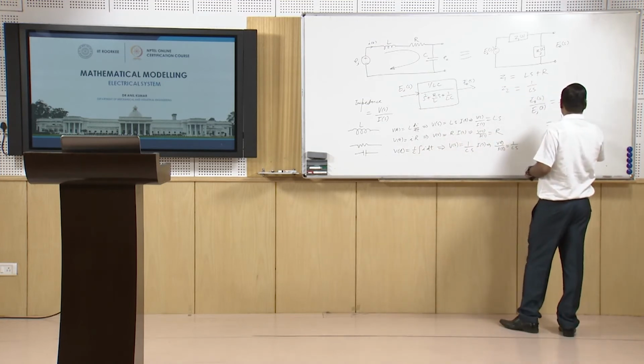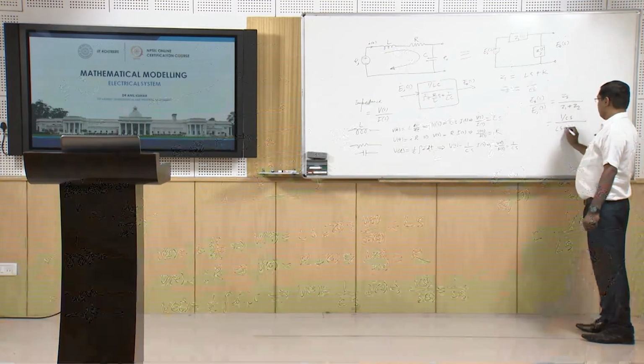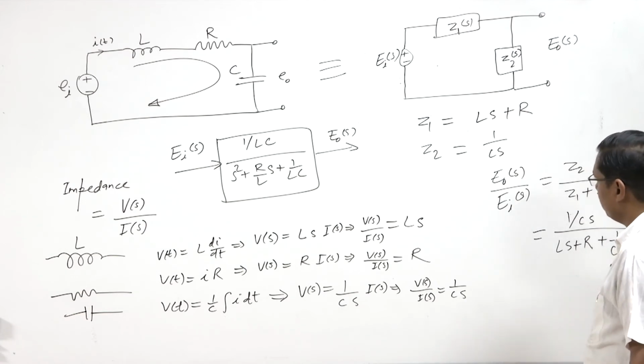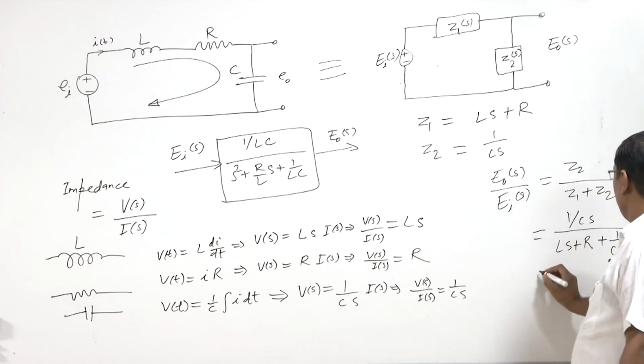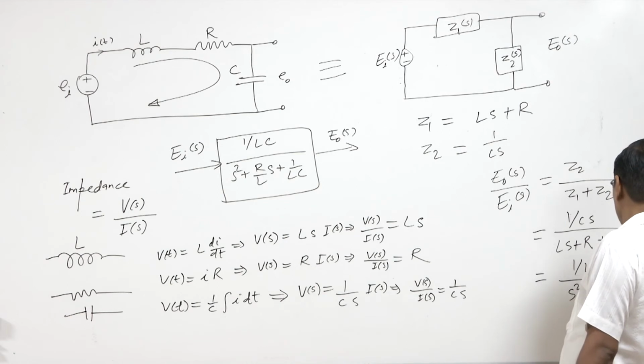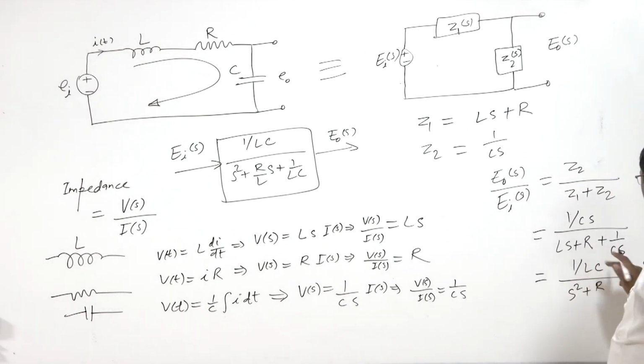So Z2 is 1 by Cs and Z1 is Ls plus R, and Z2 is 1 by Cs. So we can again simplify it: 1 by LC upon S square plus R by L S plus 1 by LC.